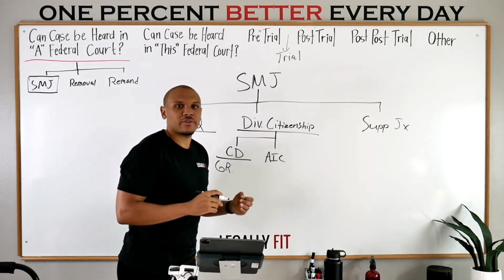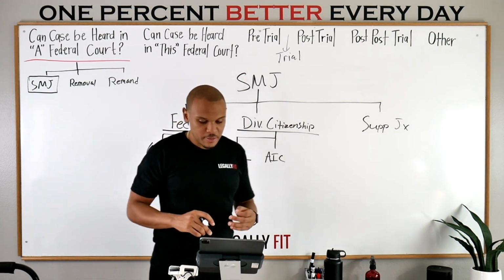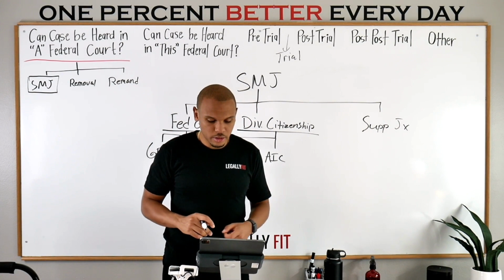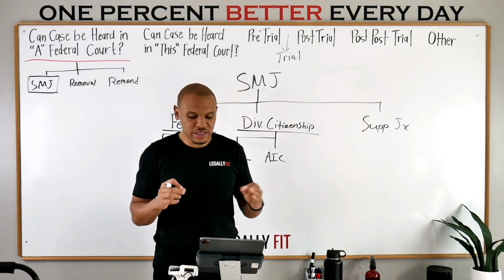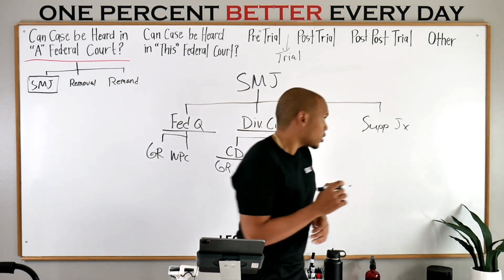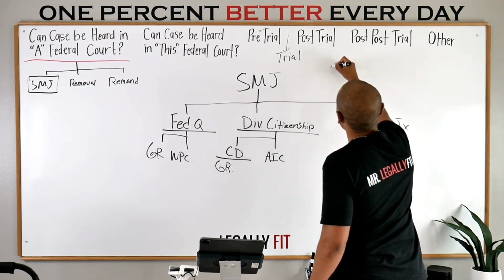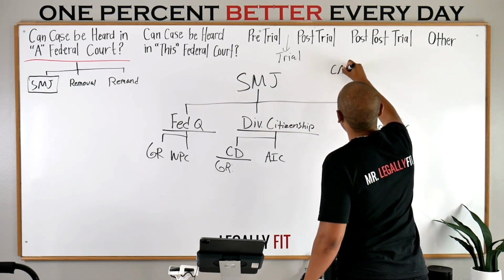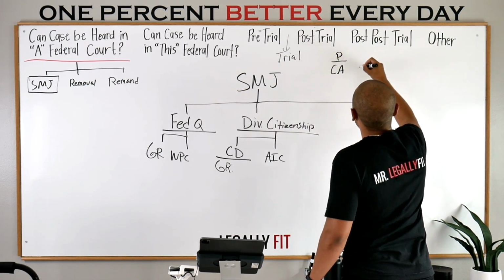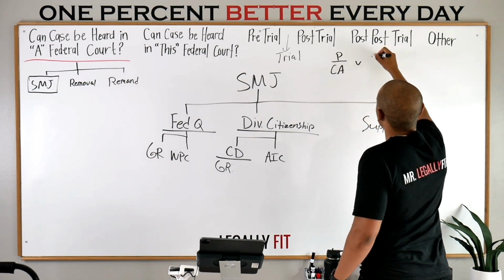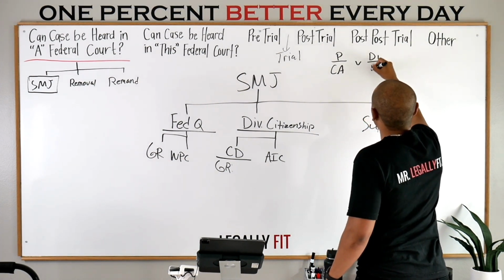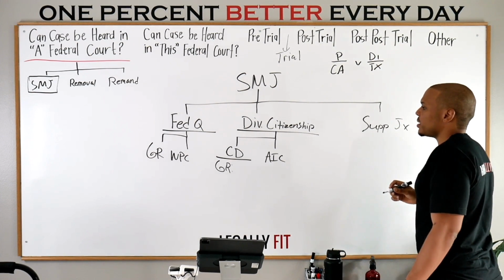Every plaintiff must be of different citizenship than each defendant. All right? Each plaintiff is of different citizenship than each defendant. So, if I told you, Mark, you had a plaintiff from California versus defendant one from Texas, is that going to be complete diversity?